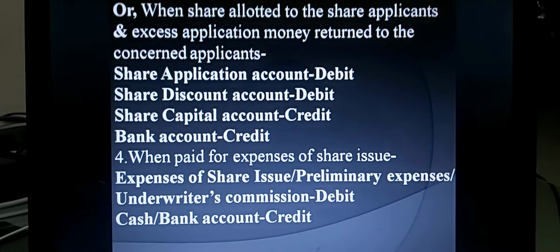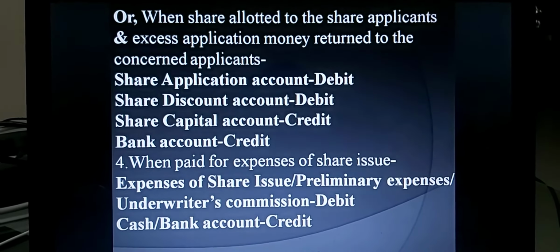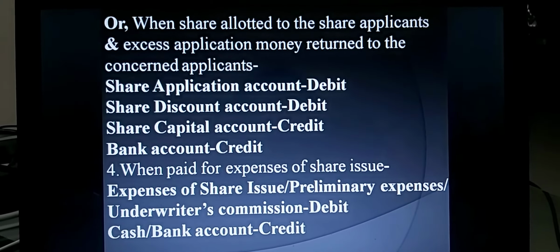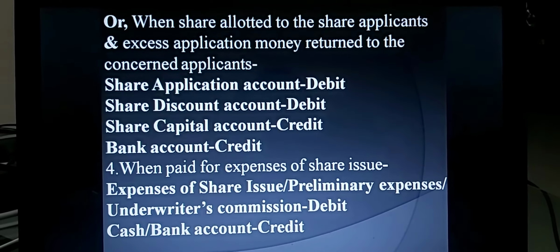For solving creative questions or for the solution of the maths of this chapter, you have to know all the journals.